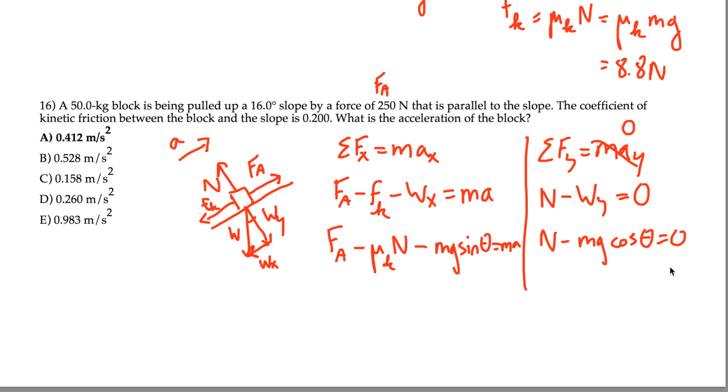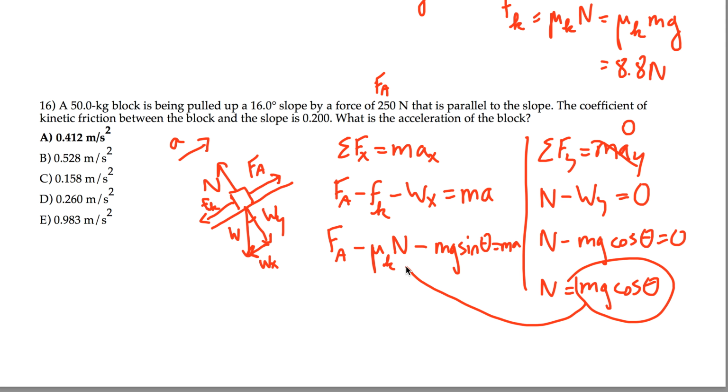As far as solving this problem, you would need to solve for the normal force, which is mg cosine θ, and then you would plug that normal force into here, and then you would have to divide everything by m, and that would then allow you to solve for the acceleration.